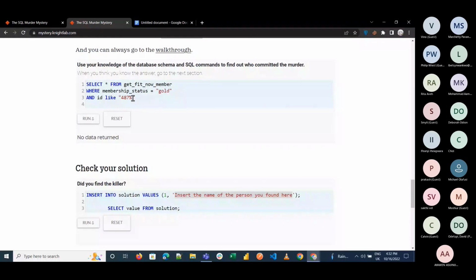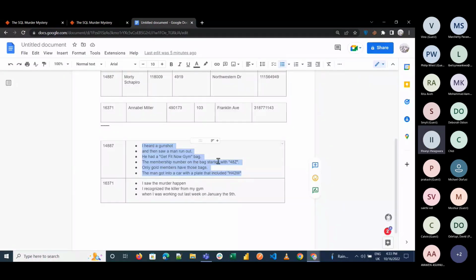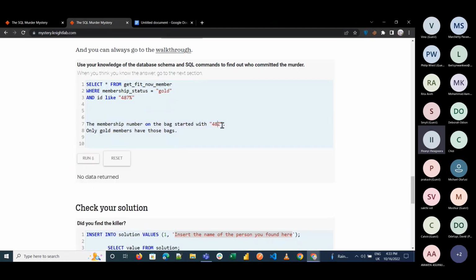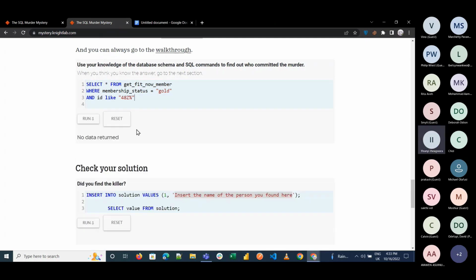Oh, okay. So I spelled this wrongly. It is 878Z, not 78Z, with a capital Z. So let me run it again.